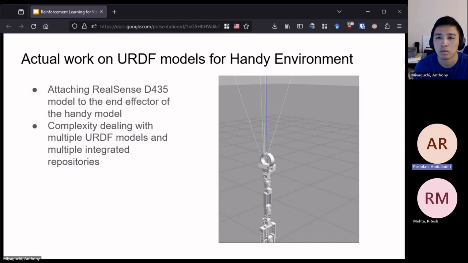Currently, we have the RealSense D435 camera URDF model and the handy as 2 separate models. I was attaching these models together, and there was some complexity in dealing with 2 separate models and integrating them together.